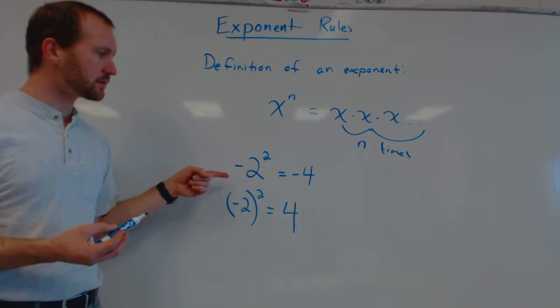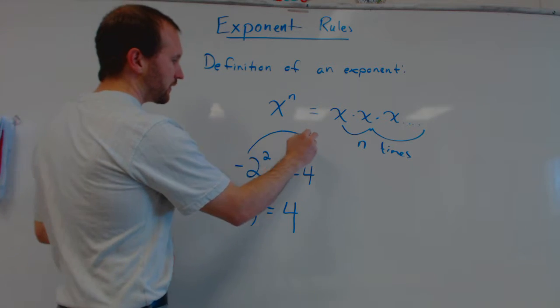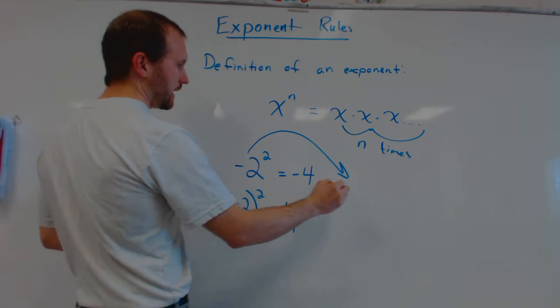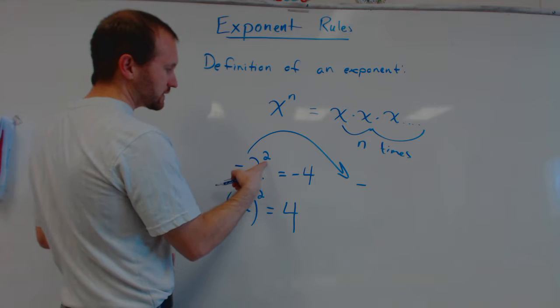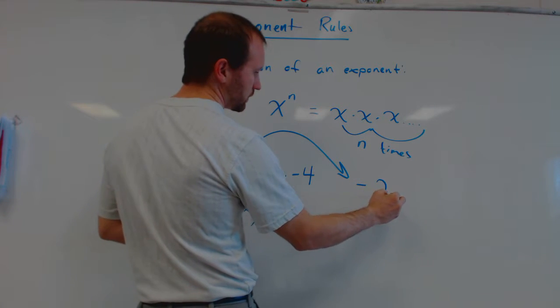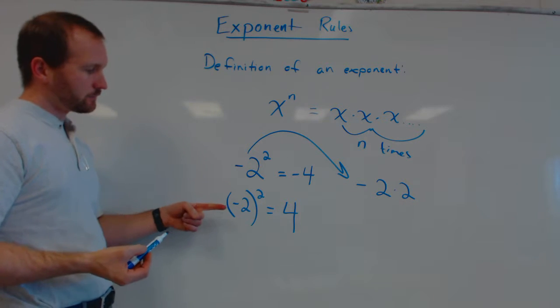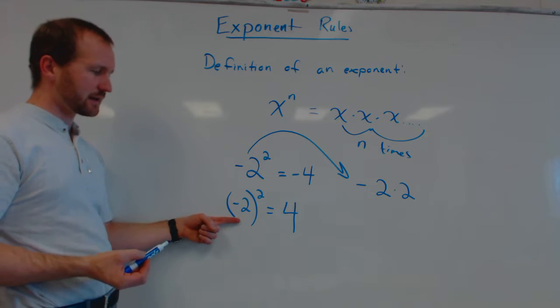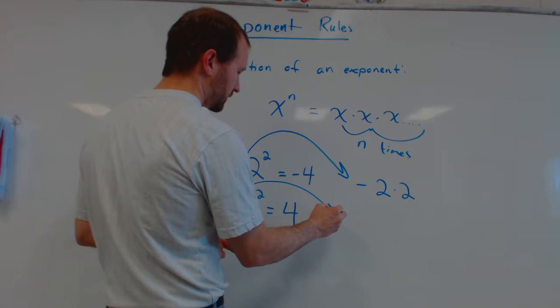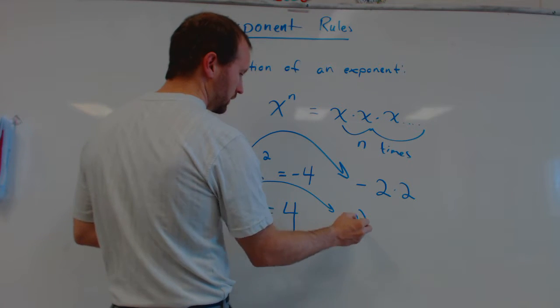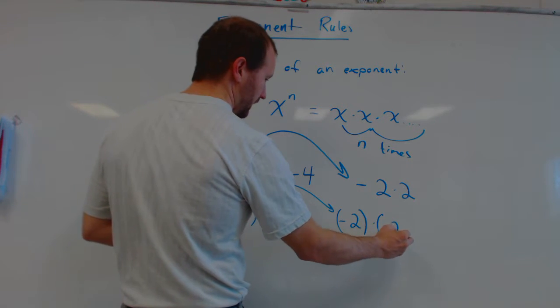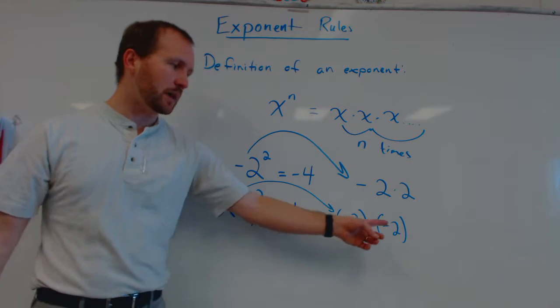Okay, so what this says right here, if we use our definition, this says negative, and then it says 2 squared. So it's 2 times 2. Oh, so you just put a negative at the end? Right, but this says, according to our definition, negative 2 times negative 2, which becomes a positive.